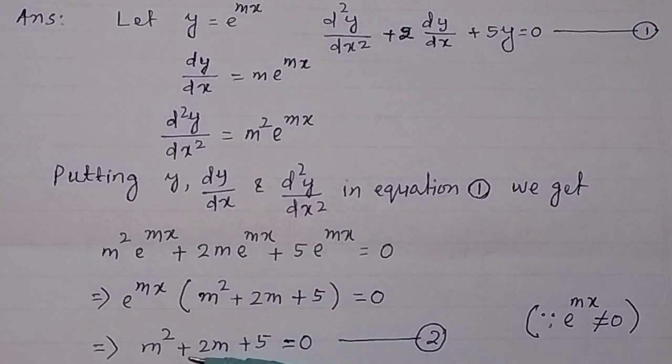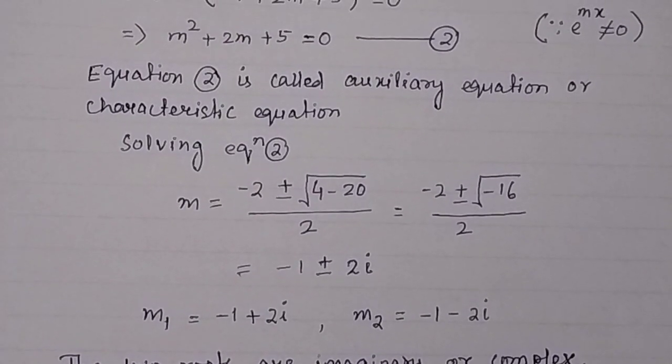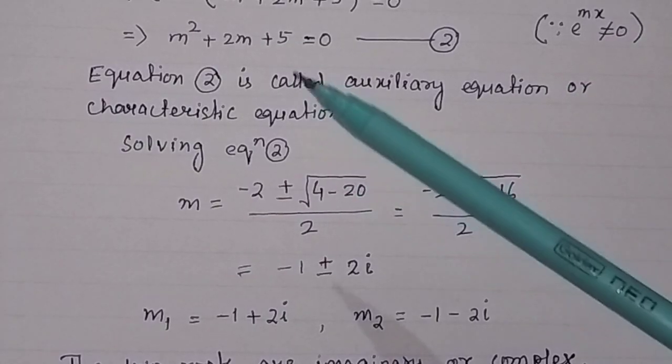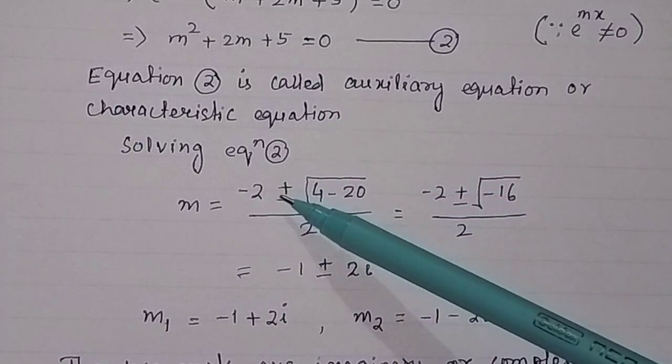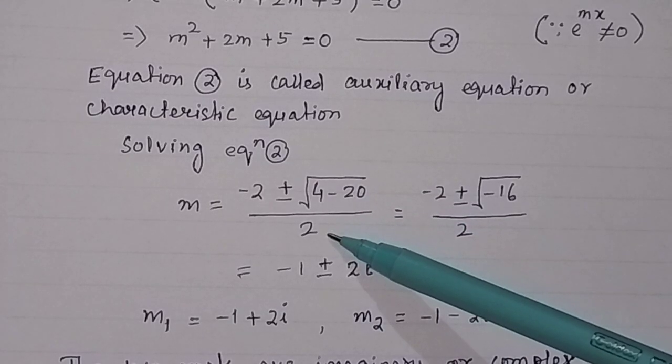Basically it is a quadratic equation, and to find its roots, as we know, the roots of a quadratic equation are minus b plus minus square root of b square minus 4ac, divided by 2a. This is the standard formula.